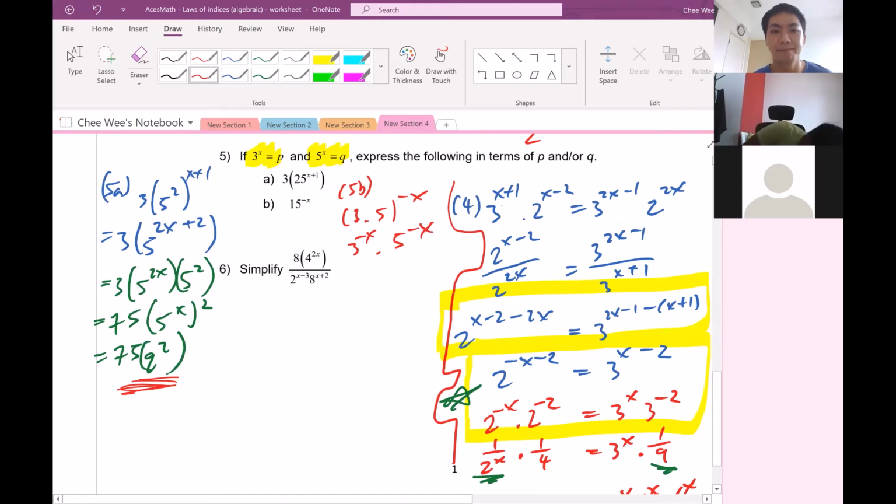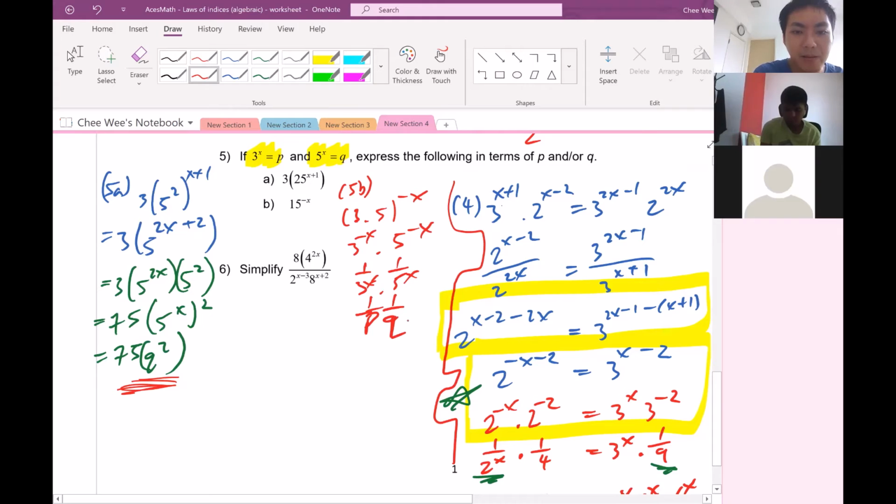And then it will become like what we did in question 4, 1 over 3 to the power of x times 1 over 5 to the power of x. Okay, can. So this is the answer.